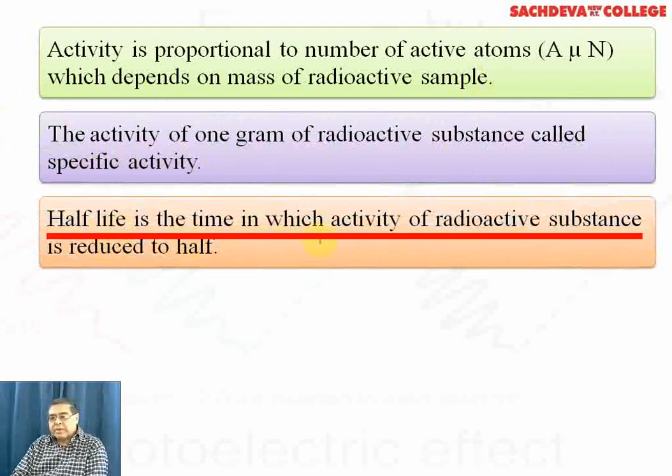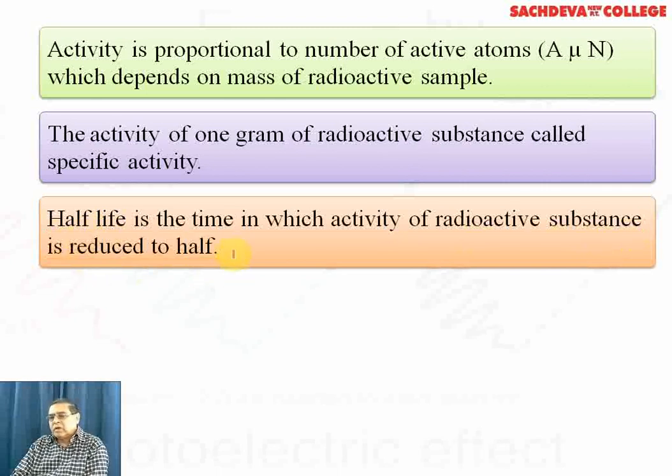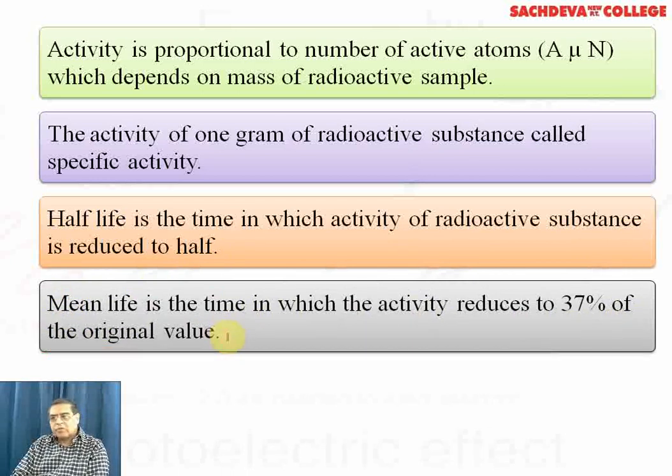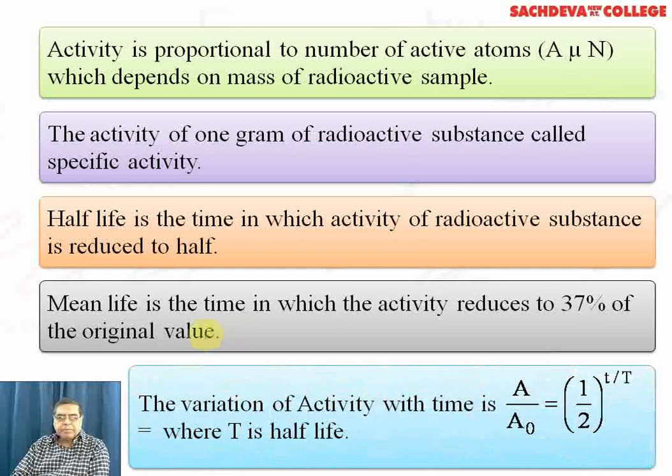Half-life is the time in which activity of radioactive substance is reduced to half. Already the concept is discussed. Mean life is the time in which activity reduces to 37% of the original value. So we have mentioned a law earlier, that is average life is 1.44 times the half-life, or average life divided by 1.44 will be equal to half-life.